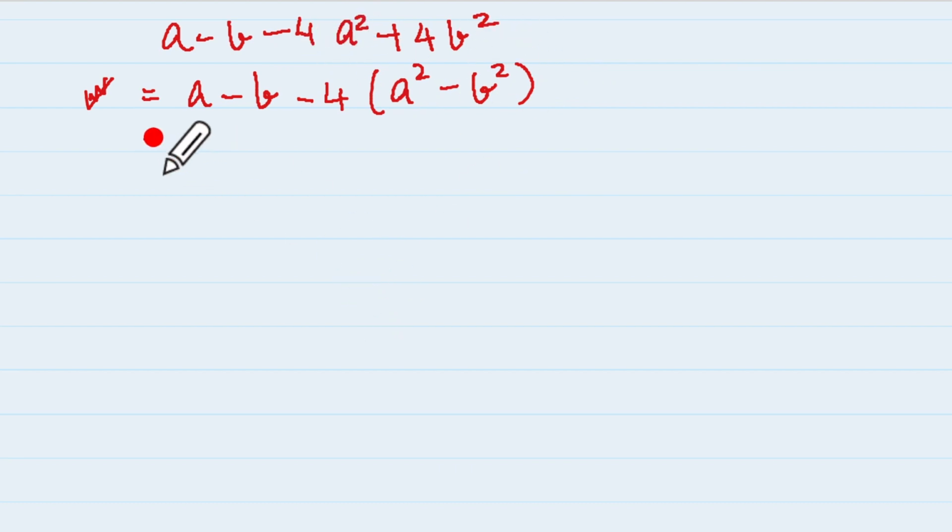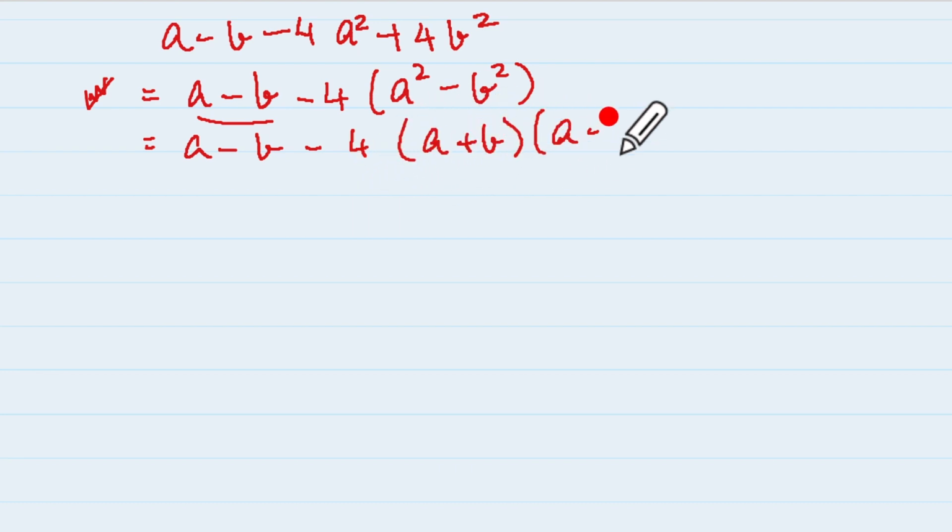Yes. Now if this is a minus b, there must be a minus b hidden here because they told you factorize. So a minus b minus 4, and this gives us a plus b and a minus b. Were you able to see that? Now can you see this is a minus b and this is a minus b. So I'll just write a bracket here because it is going to help me to understand.